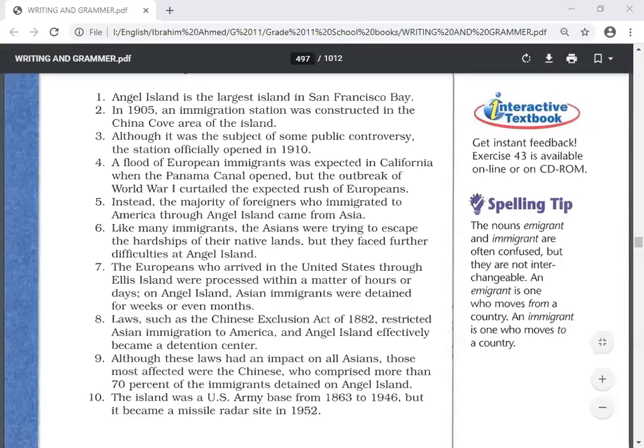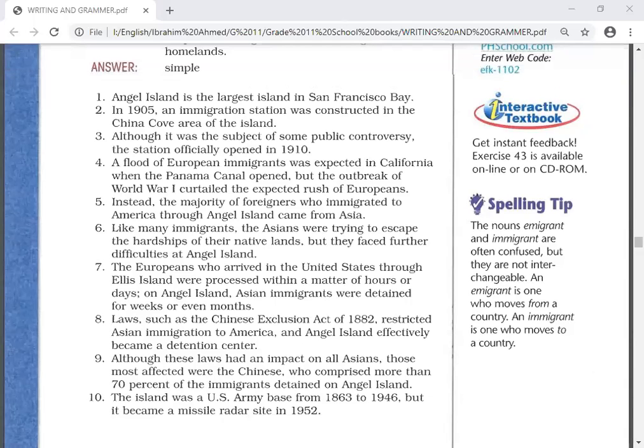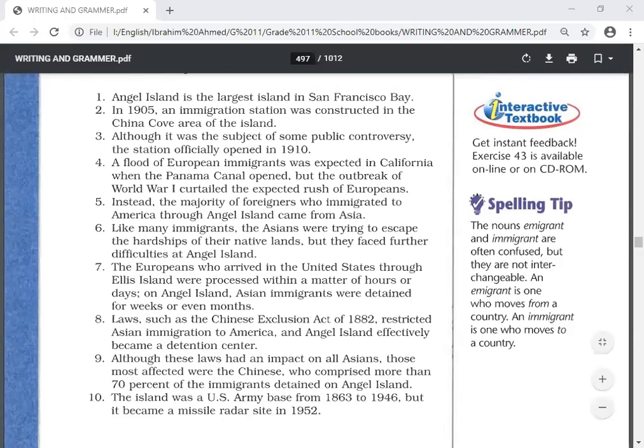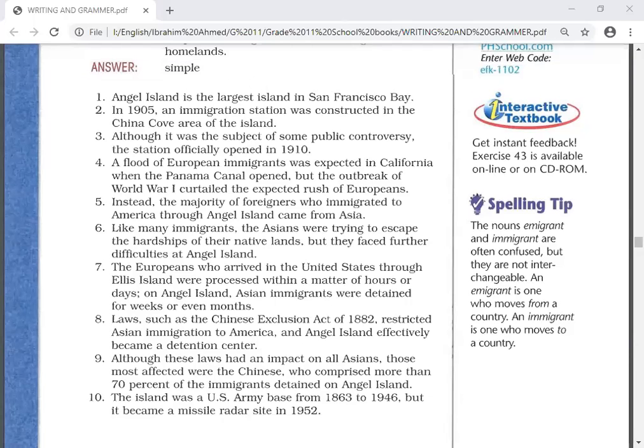Guys, any other answer? Number 6. If you know the answer, put your hand up, please. So the answer to number 6 is compound. Tadrus says one and one.